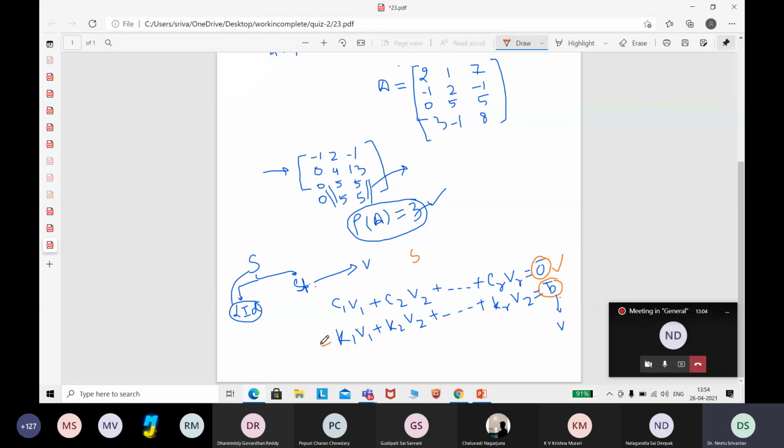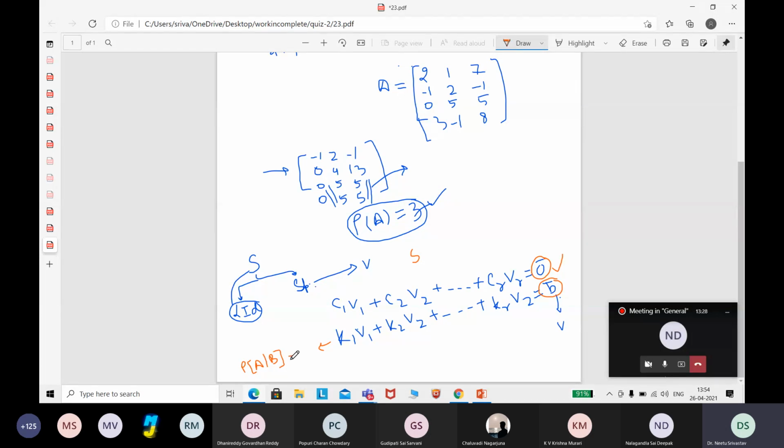This system will have a solution only if the rank of the augmented matrix, in this case only it will appear, should be less than the rank of A, or if it is equal also it's fine.